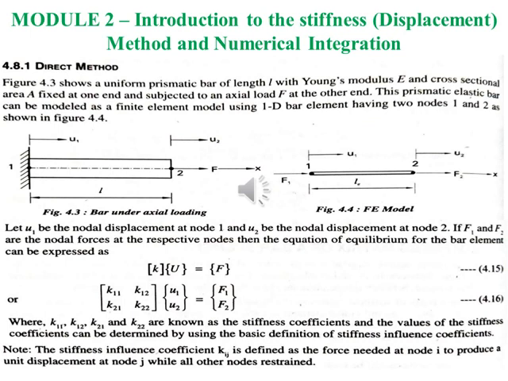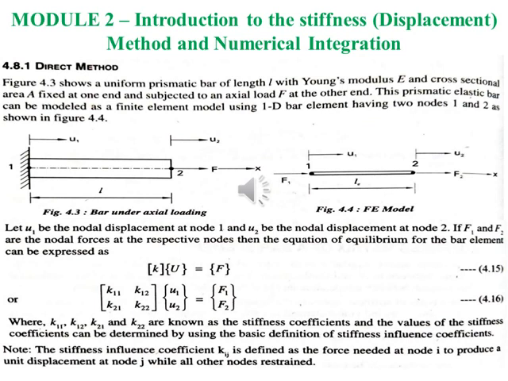So let us see an example of the direct method. Figure 4.3 shows a uniform prismatic bar of length L, Young's modulus E, and cross-sectional area A, and it is fixed at one end, or in simple words it's a cantilever structure, and it is subjected to an axial load of F at the other end.